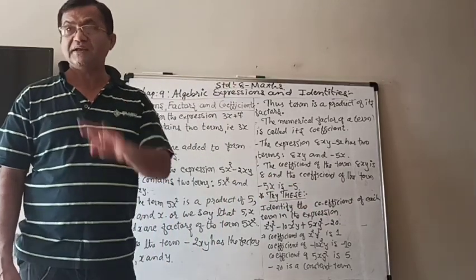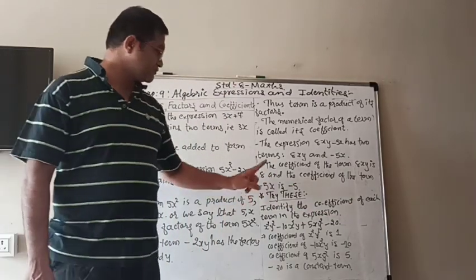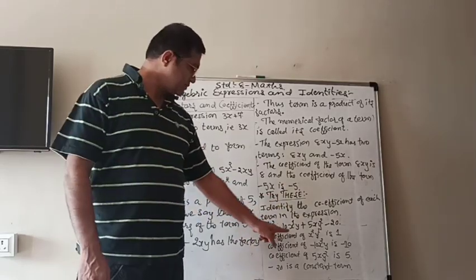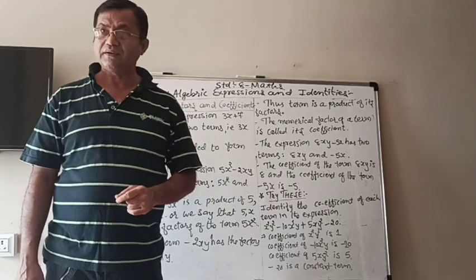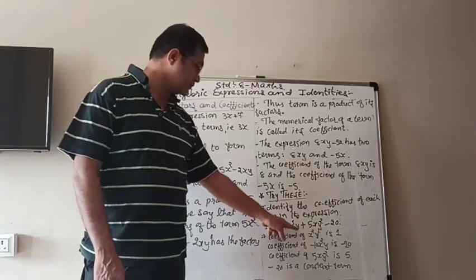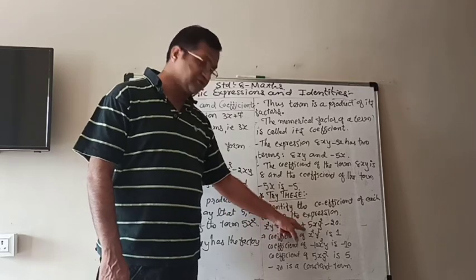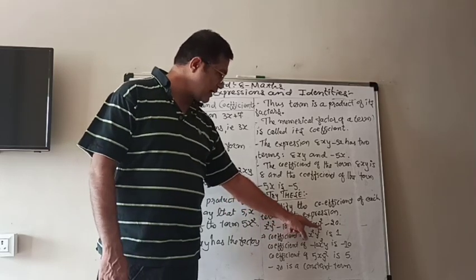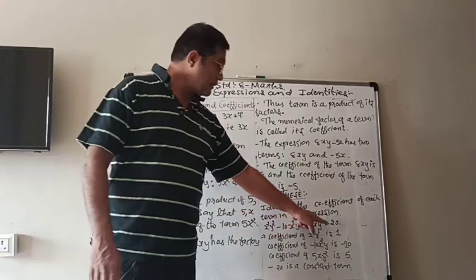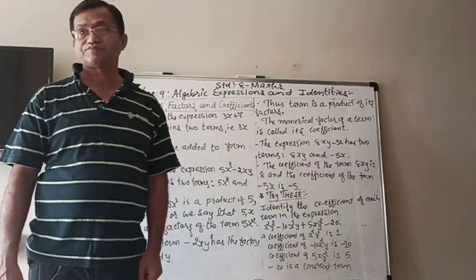How many terms are there? There are 4 terms. First term is x square y square. Second term is minus 10x square y. Third term, there is plus sign, so you can write down 5xy square. And the fourth term is minus 20.